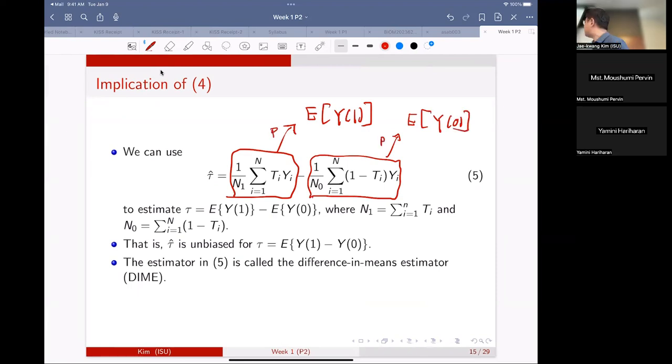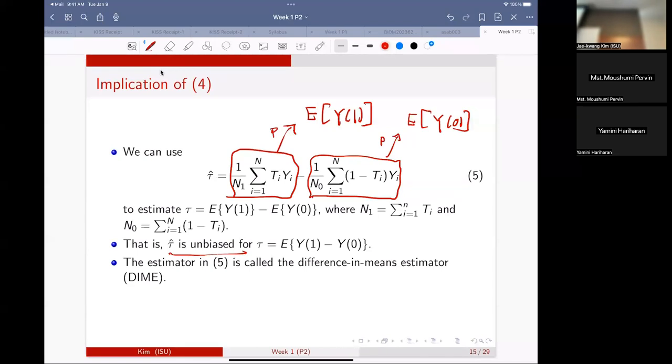I think we can maybe use a confidence interval to be more formal, or you can just see that this is unbiased. We'll soon see that this is an unbiased estimator. It is essentially the difference between the sample mean of y among t equal 1 and the sample mean of y among t equal 0.